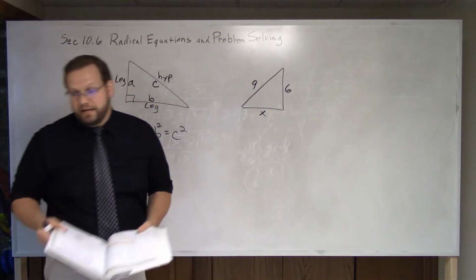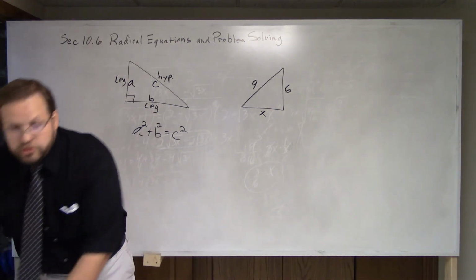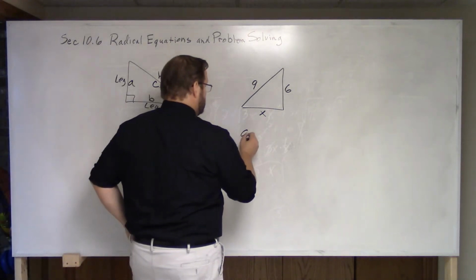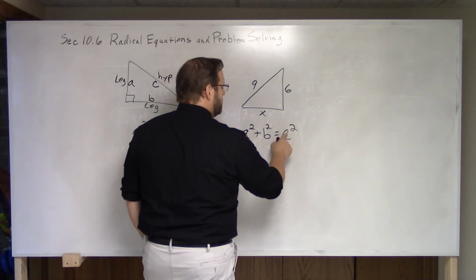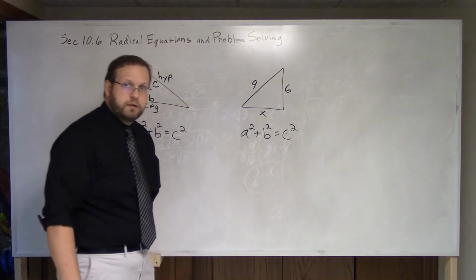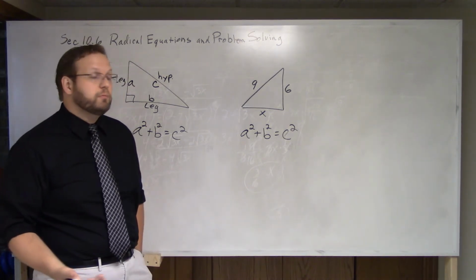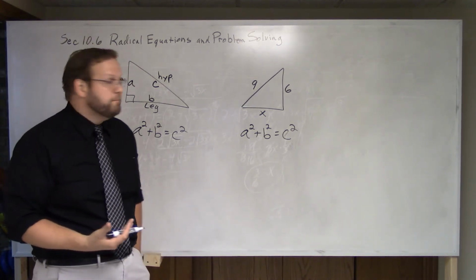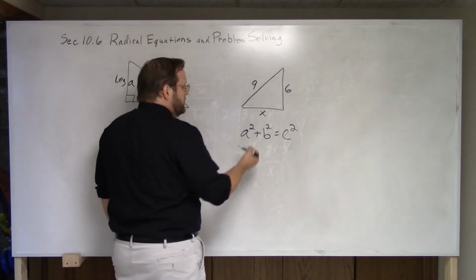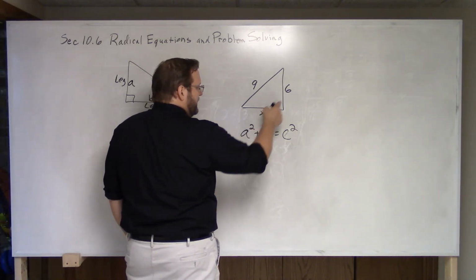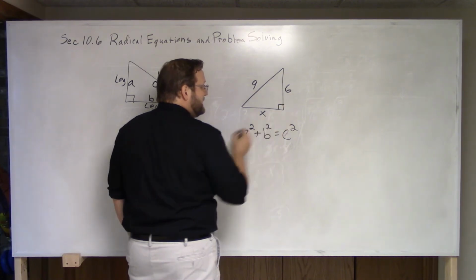Find that missing side. Now when we're doing that, we would first write out that Pythagorean theorem. Whenever you're using a formula, write it out. That helps you keep structure to your problem, and it helps you remember that formula. Now, let's fill in what we know and what we need to find. So this x and this 6 are making that right angle.